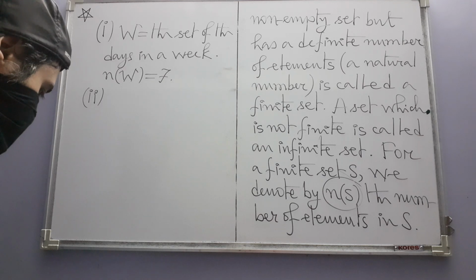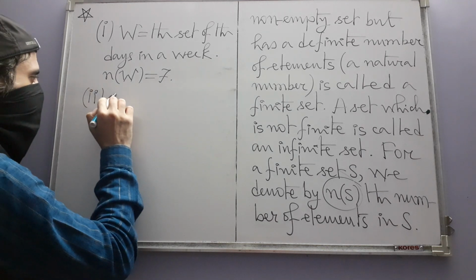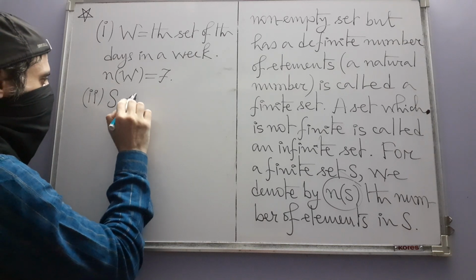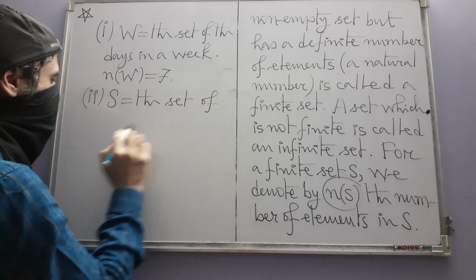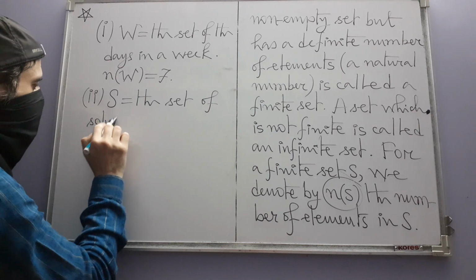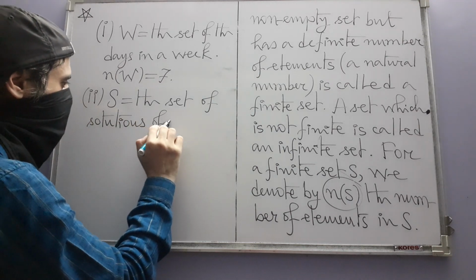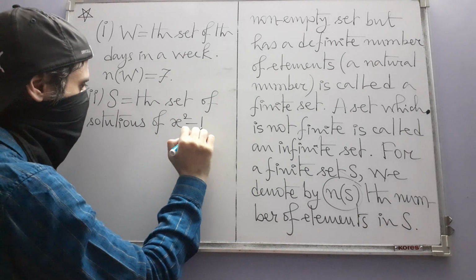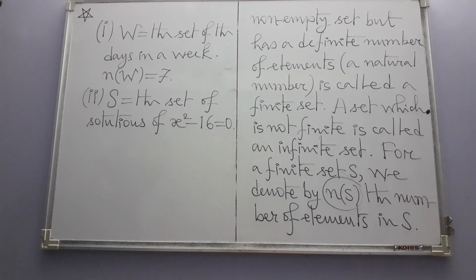Then in the second example, what do we have? S, the set of solutions of the equation x square minus 16 equal to 0.